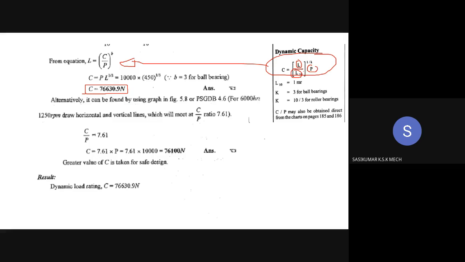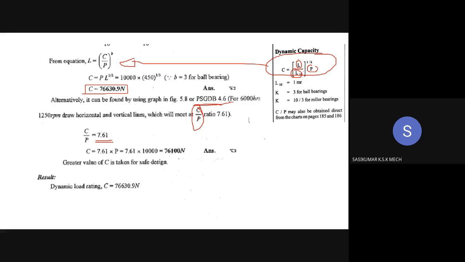76,630.9 Newton. Now from page 4.6, you may also have this ratio, that is the C by P ratio. That is coming as 7.61.